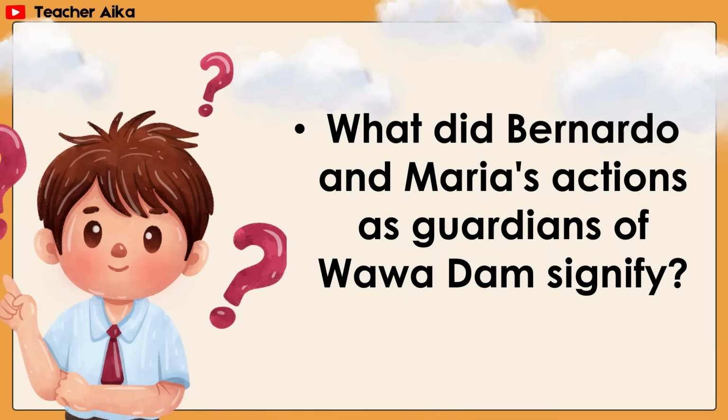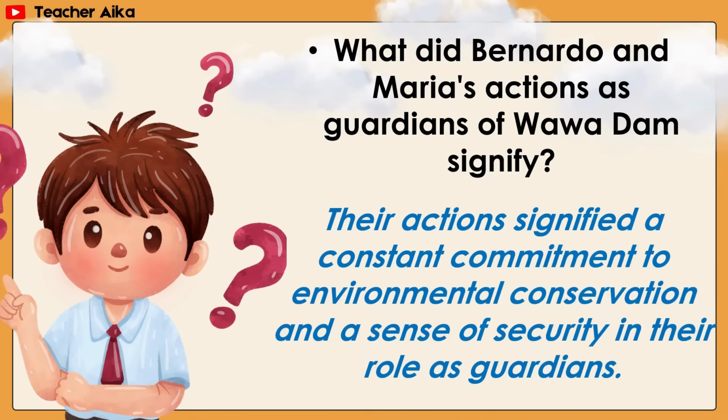What did Bernardo and Maria's actions as guardians of Wawa Dam signify? Answer: Their actions signified a constant commitment to environmental conservation and a sense of security in their role as guardians.